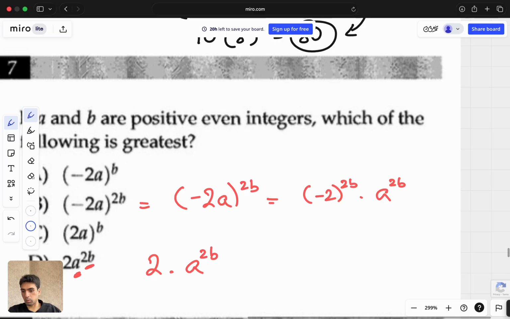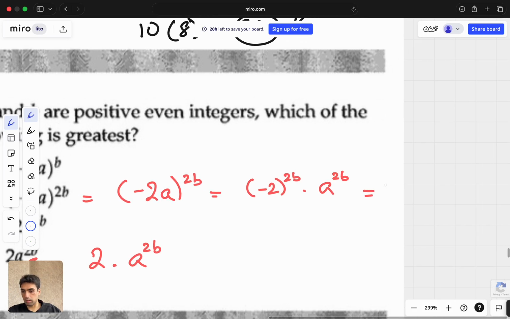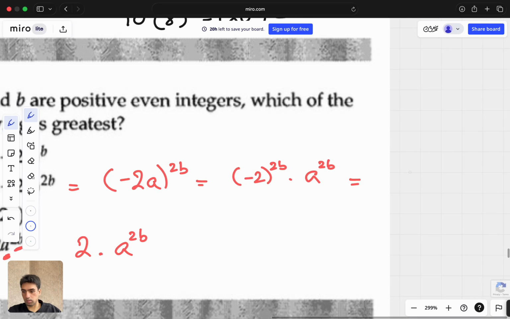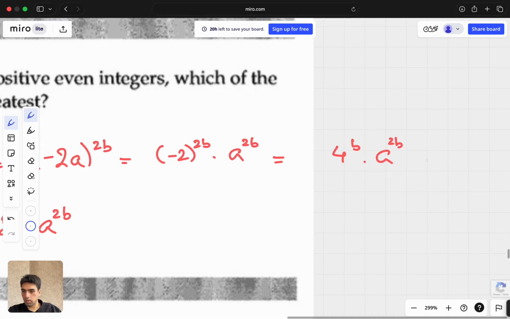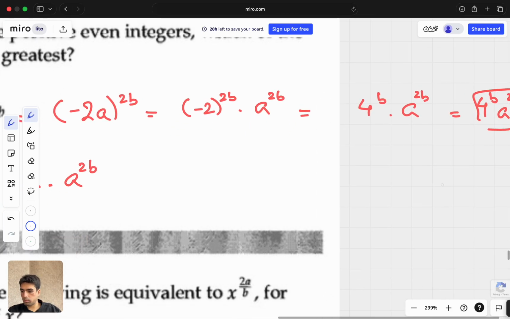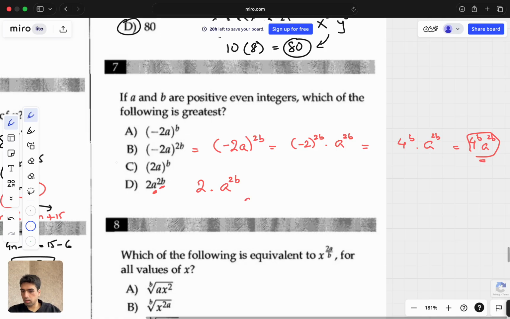And because it's squared, negative 2 squared becomes positive. So you will get this as the bigger value. So it'll be negative 2 to the 4b and a to the 2b. So this is bigger than this.